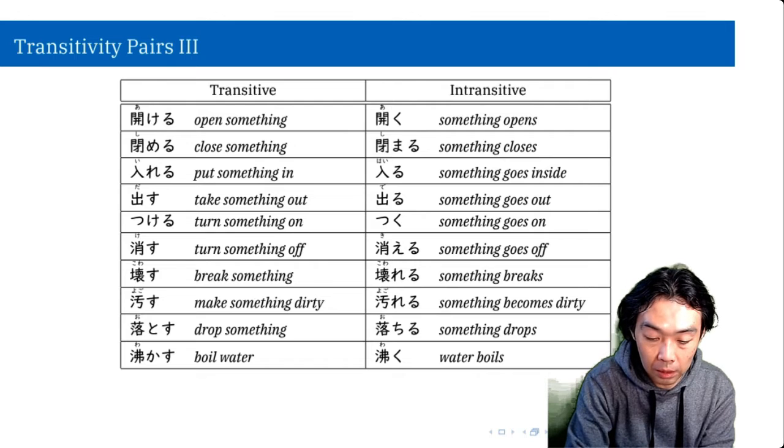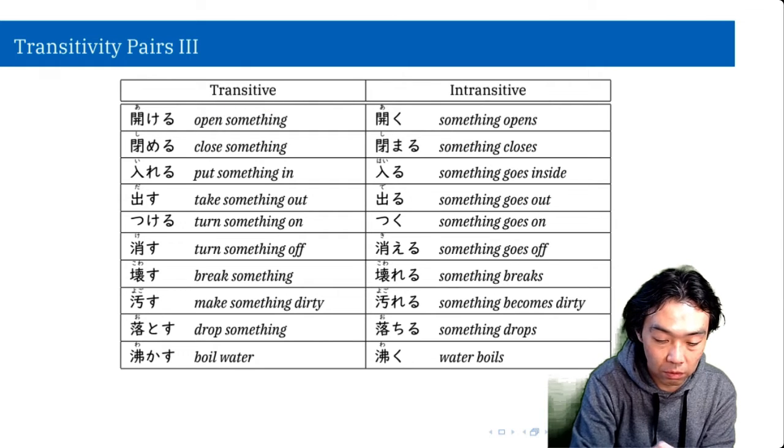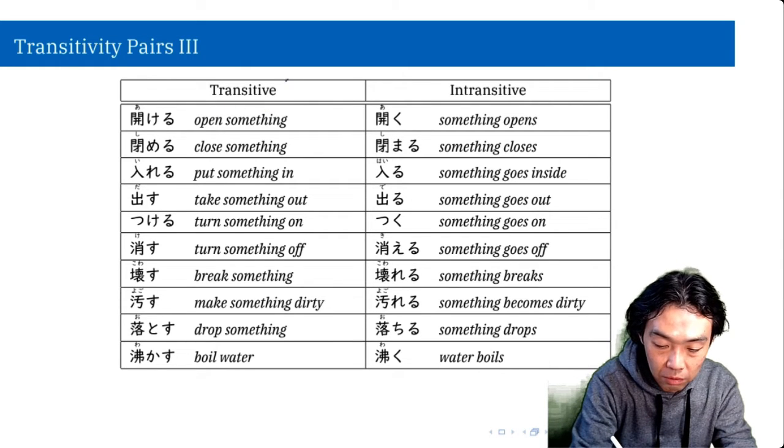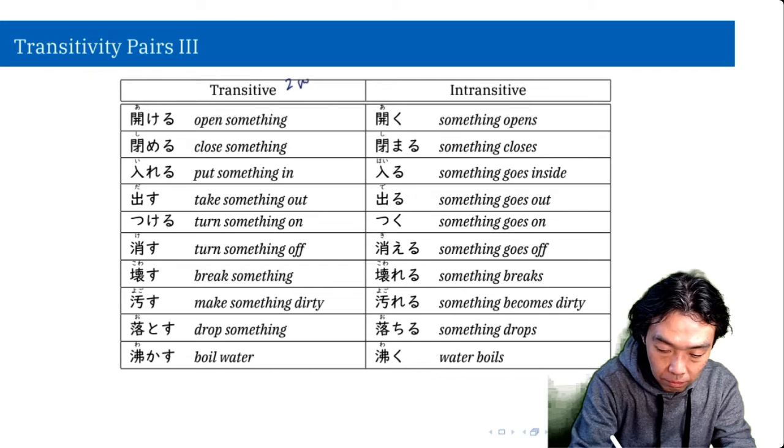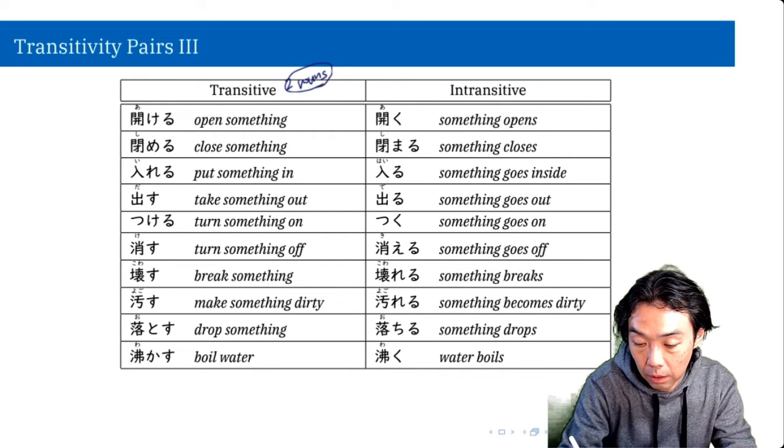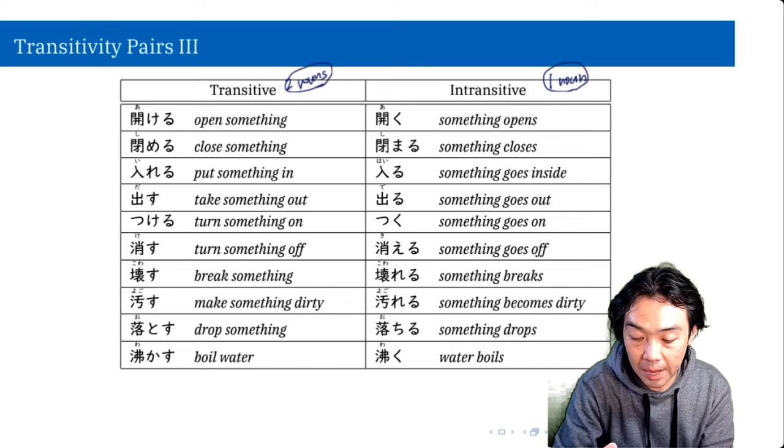Okay. So these are transitive verbs. So you should have two nouns. So you have to say who did what kind of actions to what. An intransitive verb is just one noun. You just have to say who received the action.